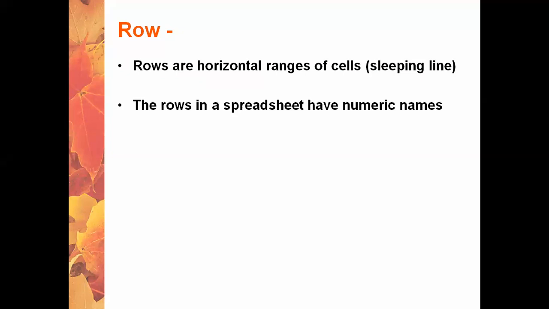The rows in a spreadsheet have numeric names. How to recognize the rows? A numerical value will be written before the row, suppose 1, 2, 3, 4, 5, 6. So we will recognize that this is a row, like 1, 2, 3, etc.